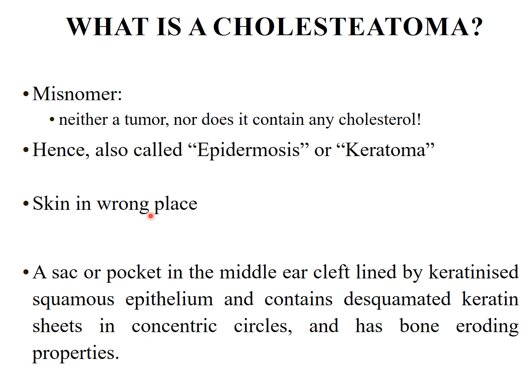Skin is present on the outer side of the tympanic membrane. So when it is present in the middle ear behind the eardrum, this is not the place for the epithelial surface, so it will give rise to cholesteatoma. A cholesteatoma is a sac or pocket in the middle ear cleft lined by keratinized squamous epithelium and contains desquamated keratin sheets in concentric circles and has bone eroding properties.